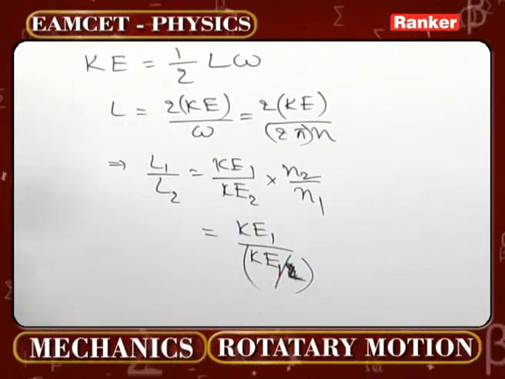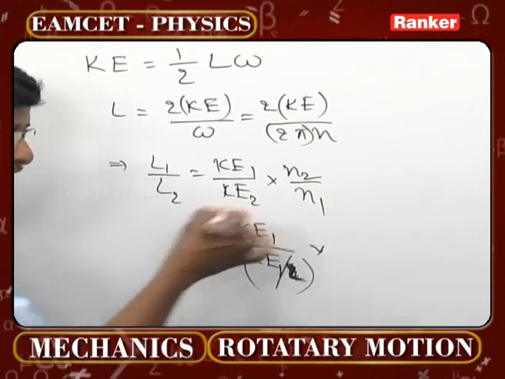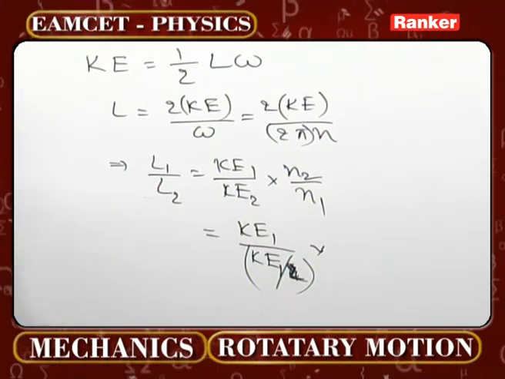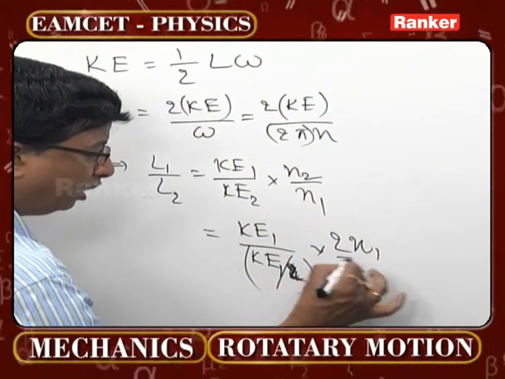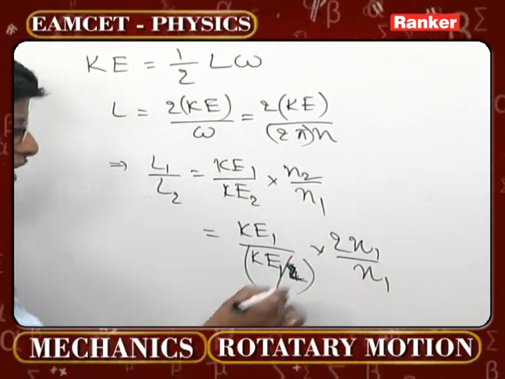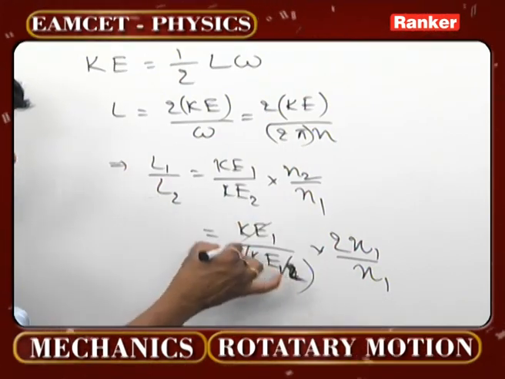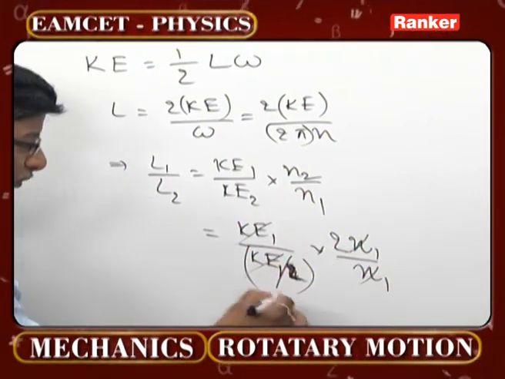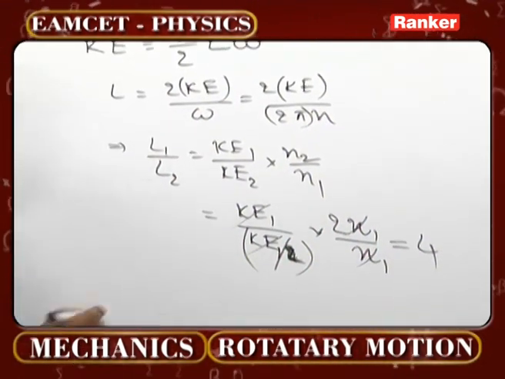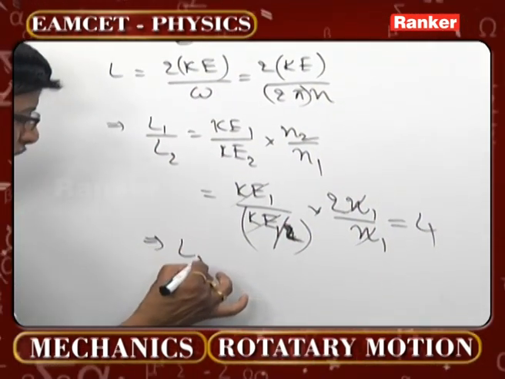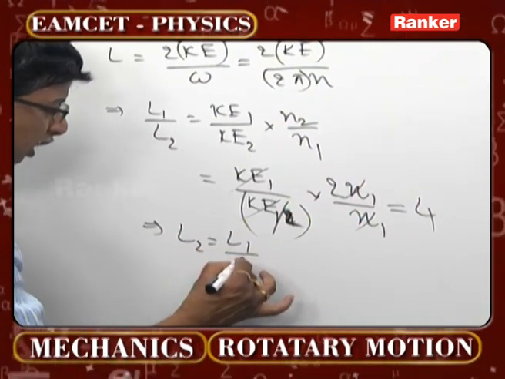Into, what is N2 now? Frequency is doubled, he said, so it should be written twice N1 by N1. Now this 2 also goes up. Kinetic energy cancels, N1 gets cancelled, 2 into 2 now becomes 4. Then what will be L2? Is it not L1 by 4?